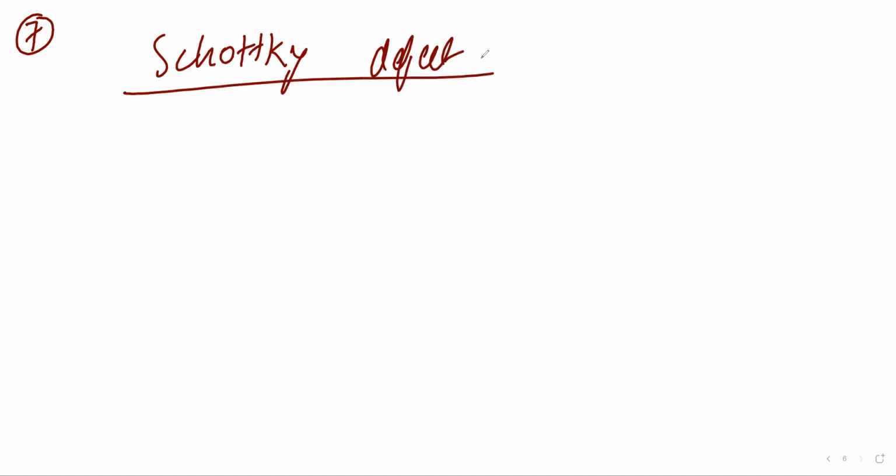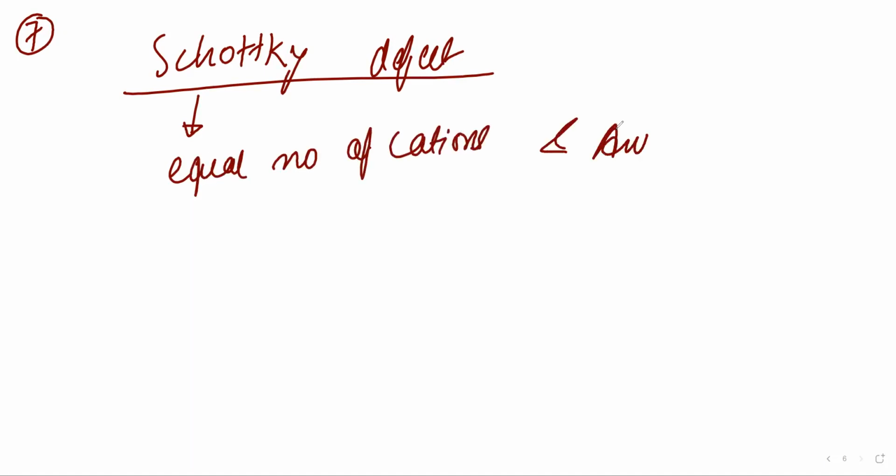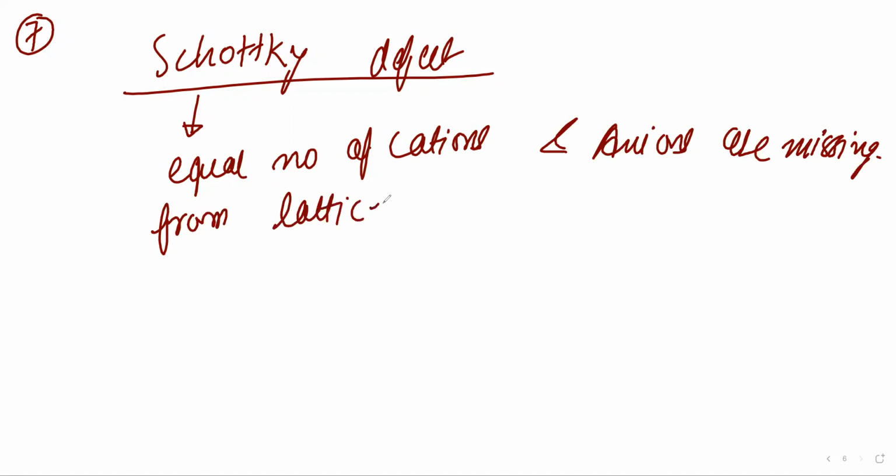In a Schottky defect, an equal number of cations and anions are missing from the crystal lattice, so the crystal remains neutral.